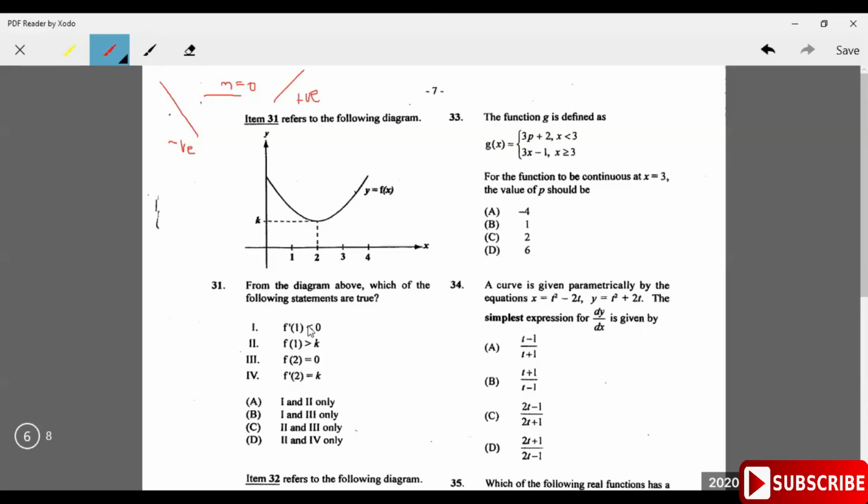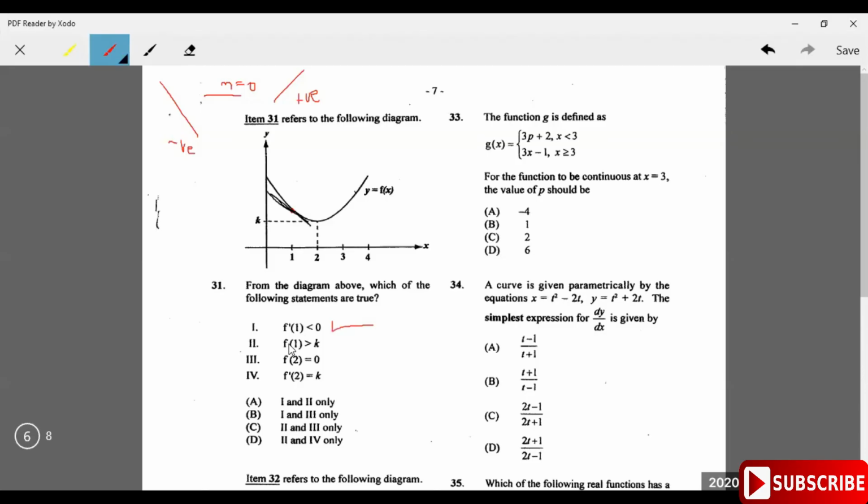F prime of 1 is less than 0. That means negative. Now let's go to F prime right here, 1. If you draw a tangent at 1, what you're getting is a line that's going down. And so right here at the point 1, yes, F prime of 1 is indeed negative.